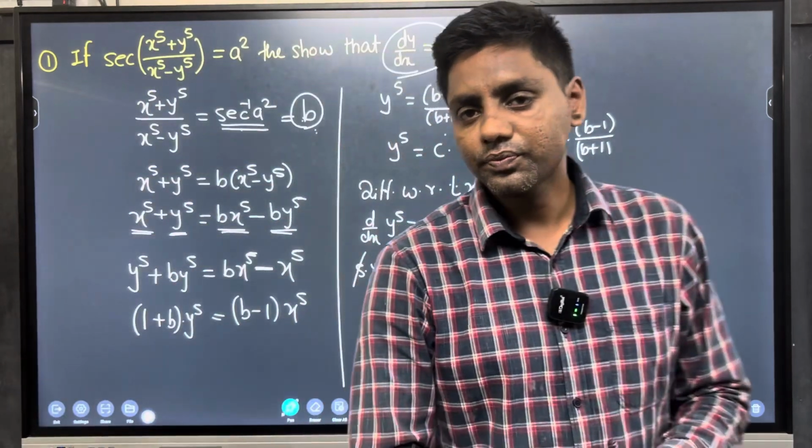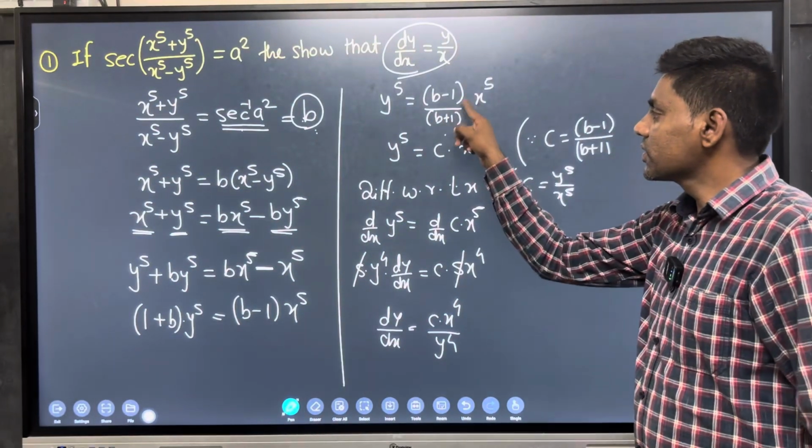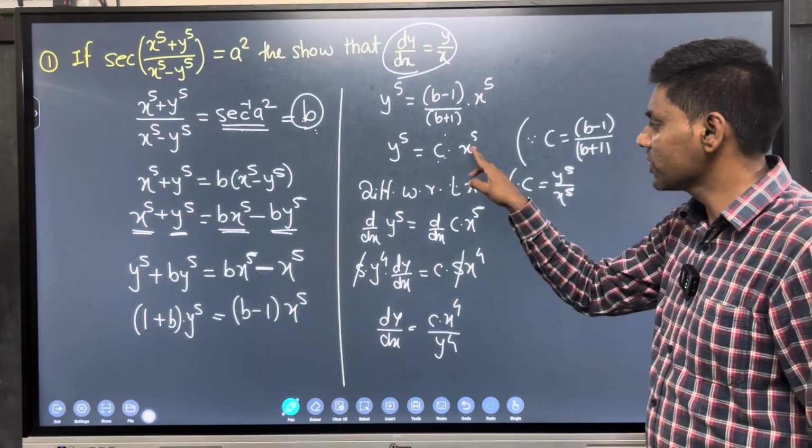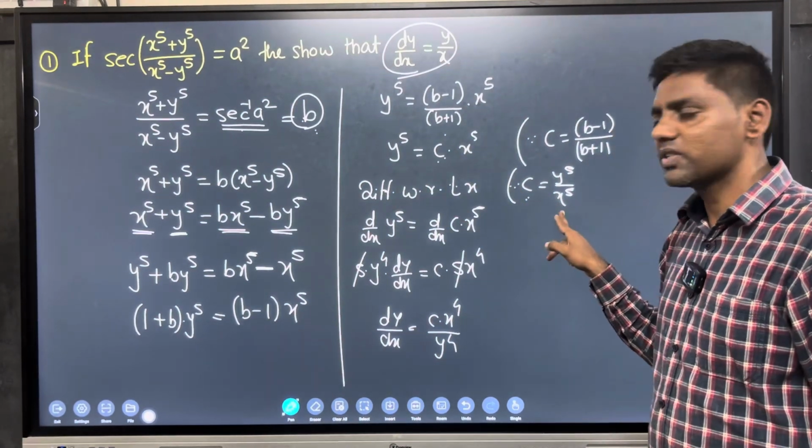In the last step, we considered this complete term a constant, and what is the value of that constant? Dividing by x raised to 5, this is the answer.